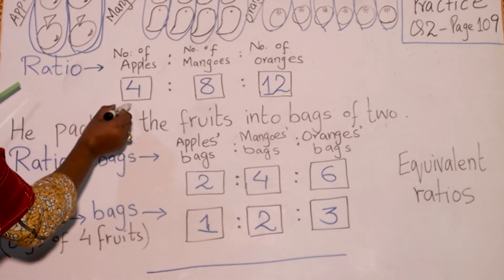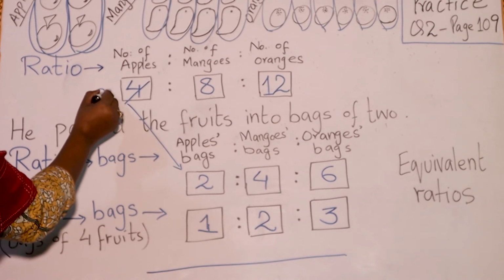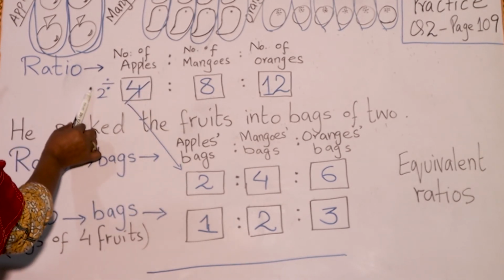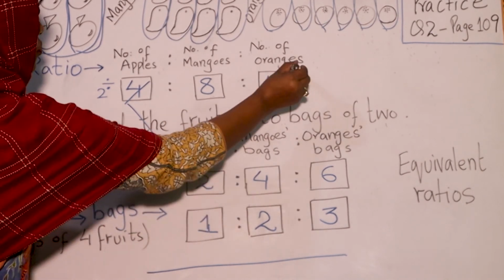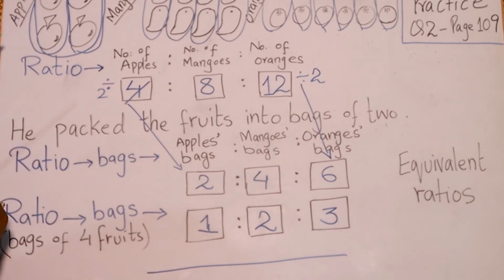Now compare these two ratios. If we divide 4 by 2, we get 2. If we divide 8 by 2, we get 4. And if we divide 12 by 2, we get 6.